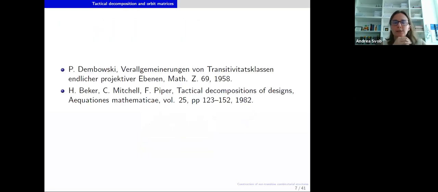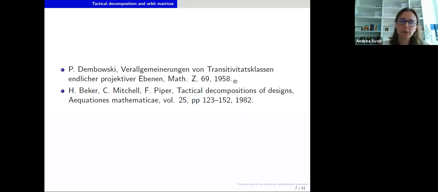Okay, so this leads us to the second part of the talk, in which I will introduce tactical decomposition and orbit matrices. A little bit of historical note. In 1958, Dembowski introduced the tactical decomposition in his paper.